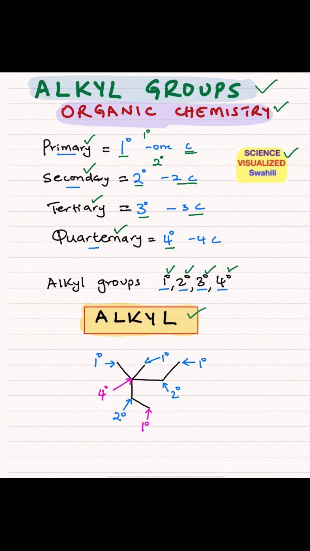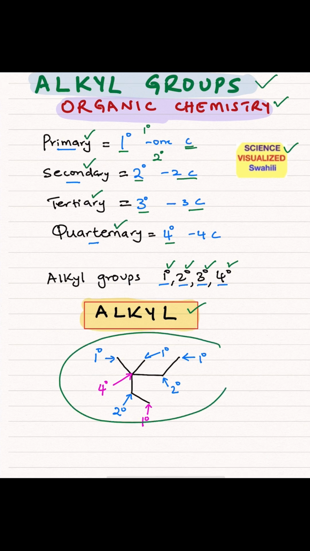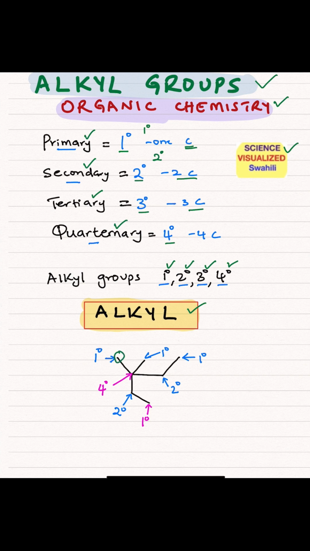Okay, now let's look at some examples. In this structure, we have different types of alkyl groups. If we start with this carbon here, we see that it's only connected to one other carbon, so that bond there, connected to only one other carbon. And because of that, we say it only has one alkyl group connected to it, and therefore it becomes primary alkyl group.